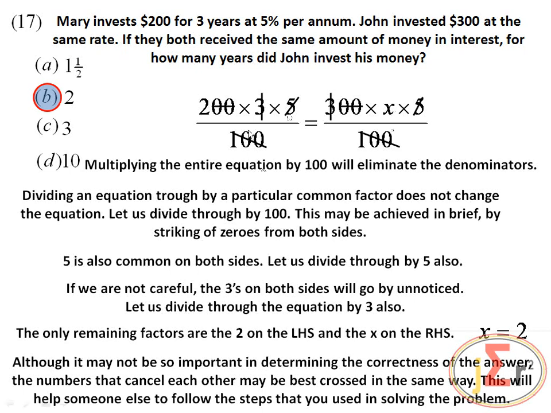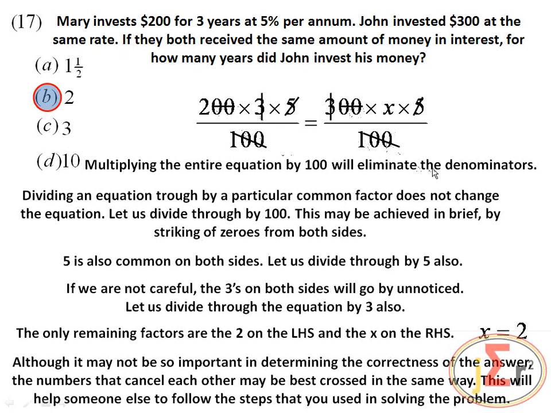Showing that 3 cancels with 3 by using vertical strokes, also that 5 cancels with 5, and show which of the hundreds cancel.